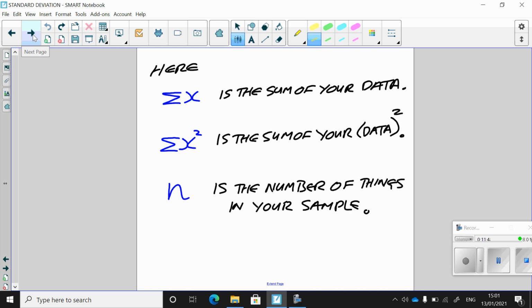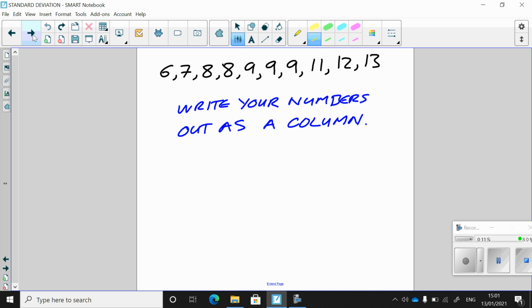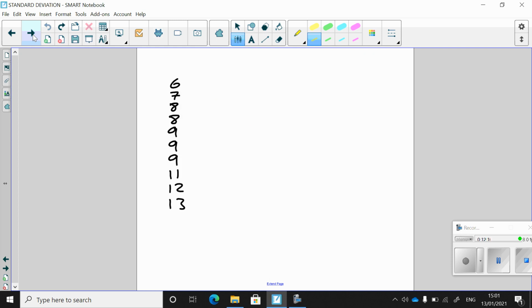Okay. As I says, moving swiftly on, we're going to go for it. So we've got that list of numbers there, and the way we're going to go through it, sometimes it's easier to write things going down the page, so I'm going to write them out as a column. So instead of horizontally, we're going to go vertically. So that's what I've done there. Just double check that all the numbers are the same, you haven't missed any out.